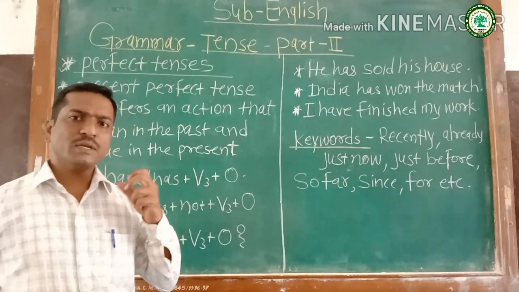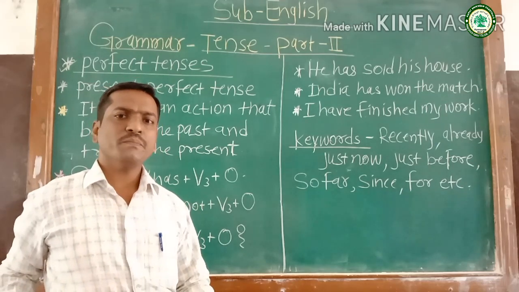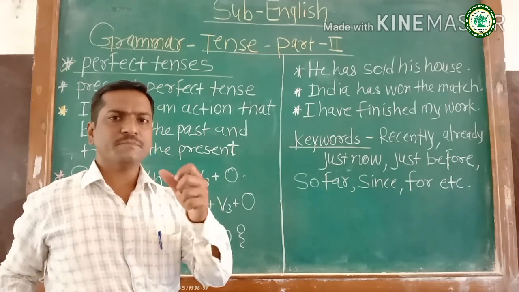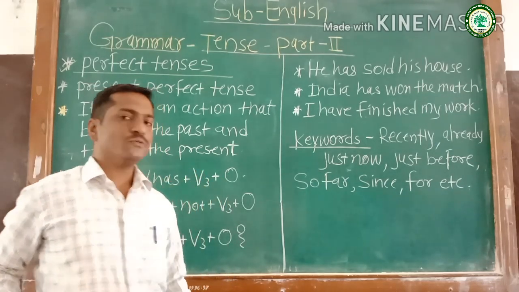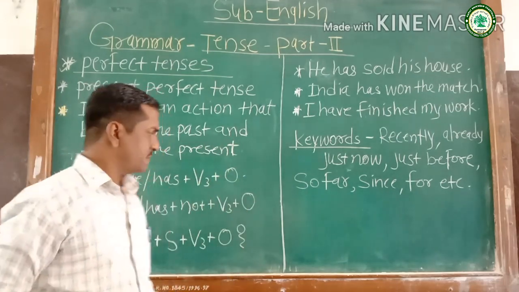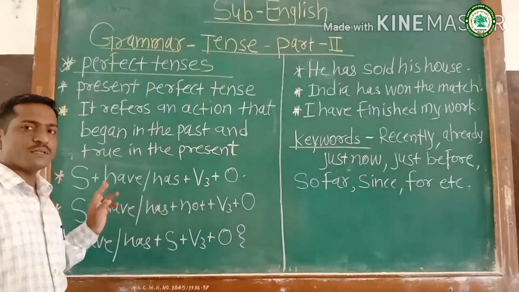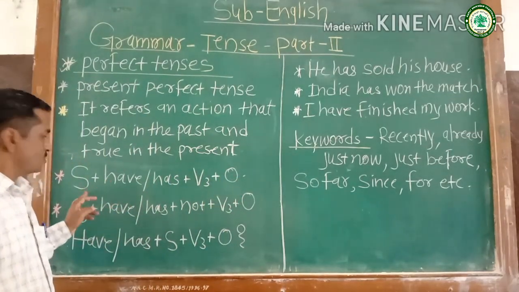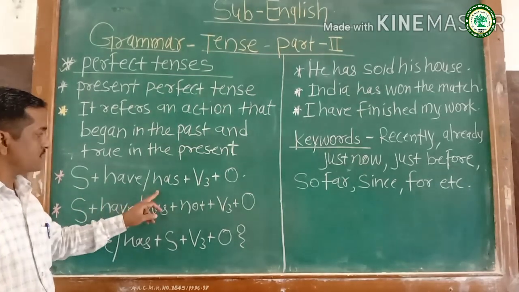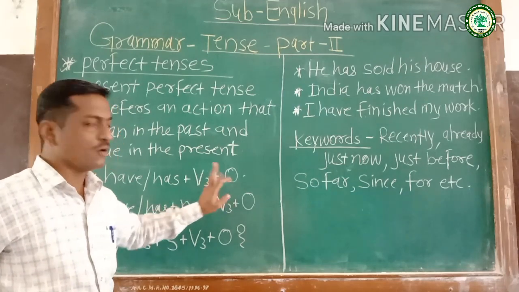Now we should know the structure of present perfect tense, as we have done in the earlier lecture. Let us discuss the structure. The structure of present perfect tense is subject, then have/has plus V3, the third form of verb, then object.